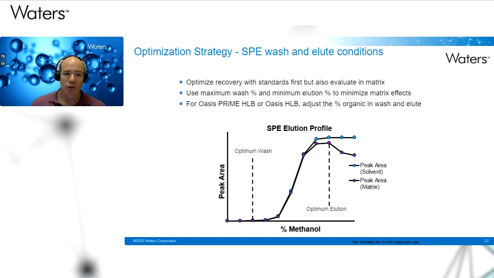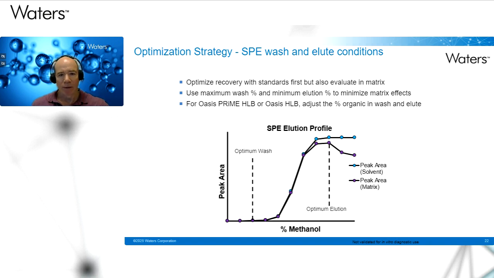And here we see an elution profile for a generic molecule. Assuming this is a reverse phase sorbent, when we're washing with low percentages of methanol, we have no peak area. Basically, everything is staying bound to the sorbent. However, the higher the percentage of organic we get, to a point of say 70, 80%, we're eluting all of the analyte off the sorbent.